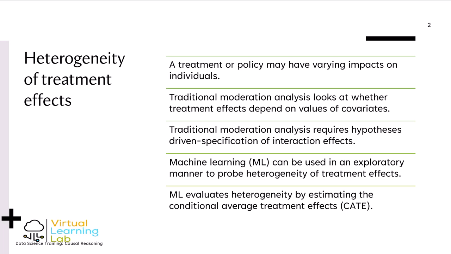However, traditional moderation analysis requires a specific hypothesis about interaction effects, and machine learning can do discovery of heterogeneity of treatment effects without specifying a priori what the hypotheses are about heterogeneity. This is done by estimating conditional average treatment effects.